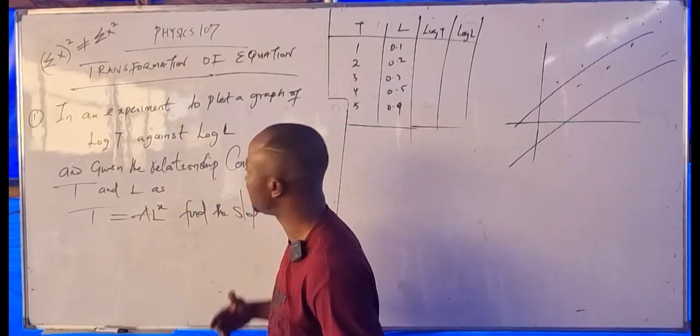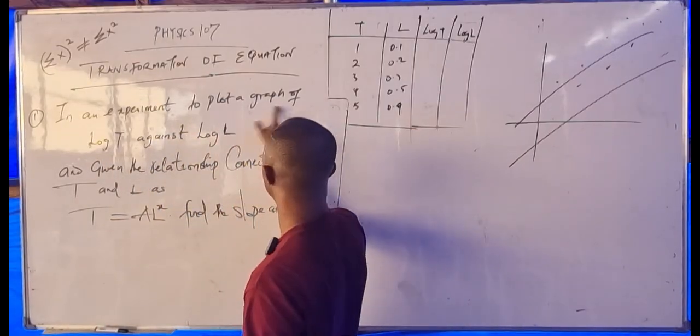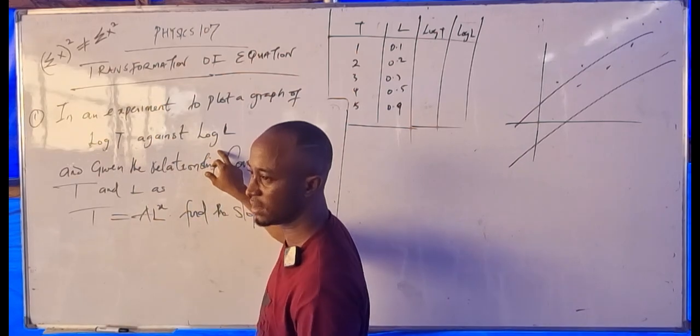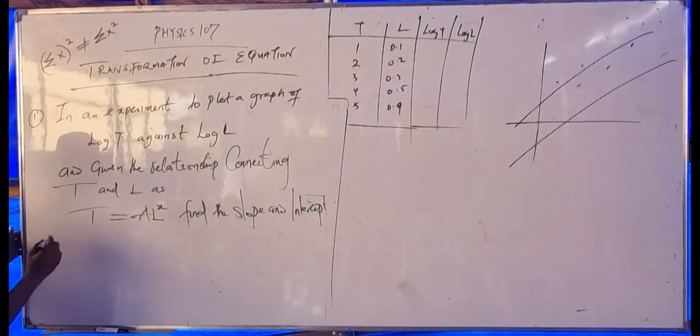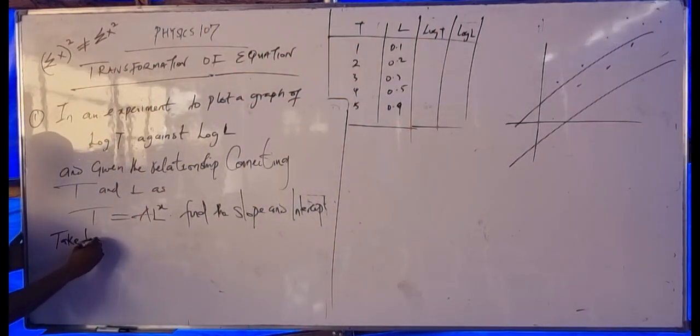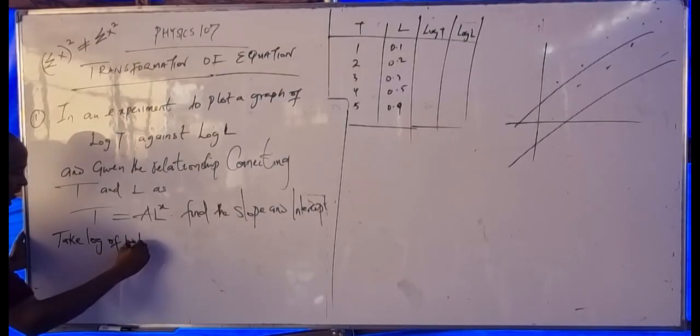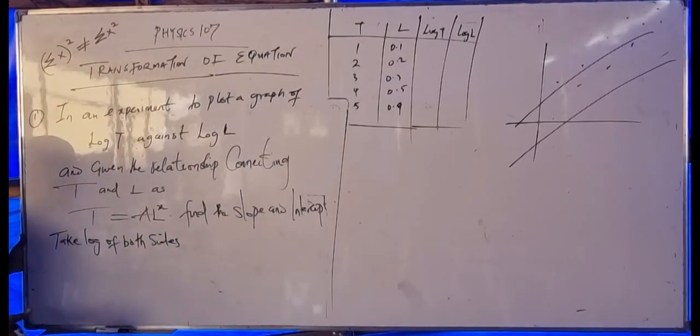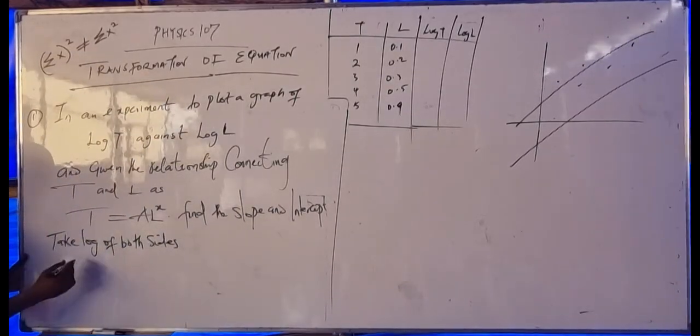In fact, even from the experiment, we have to plot the graph of log T against log L. So I'll take logarithm of both sides, meaning I will introduce log.